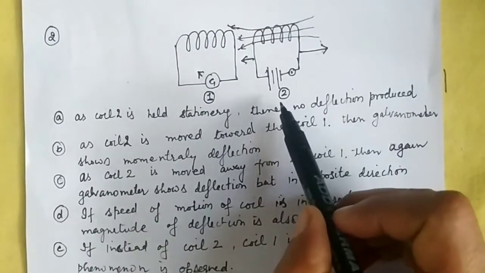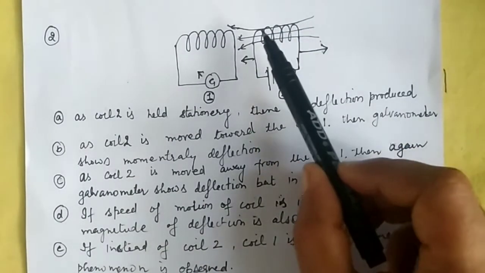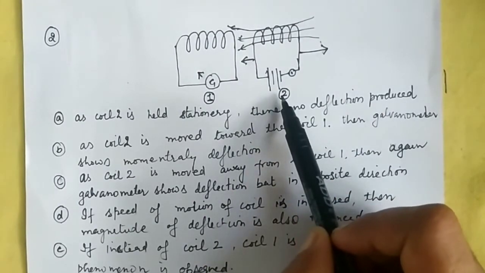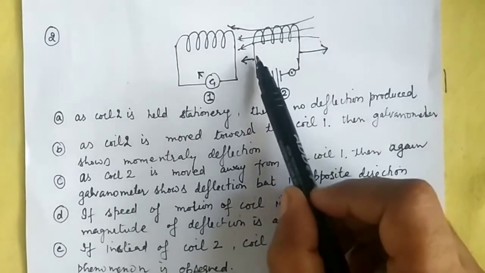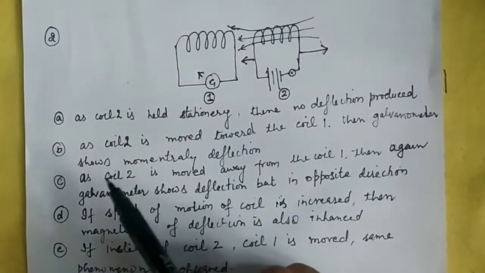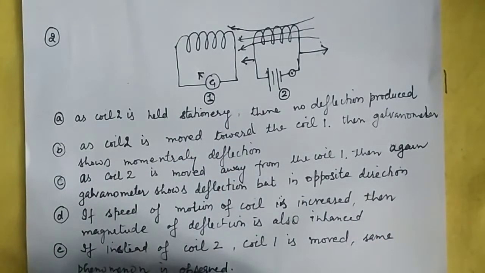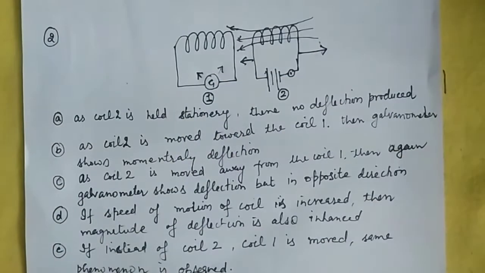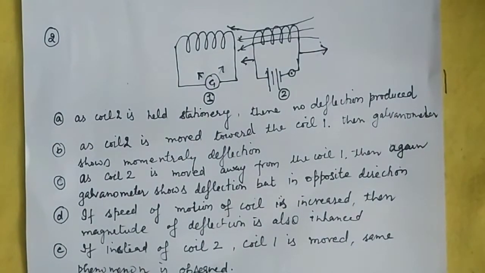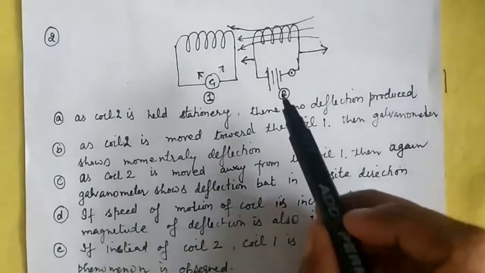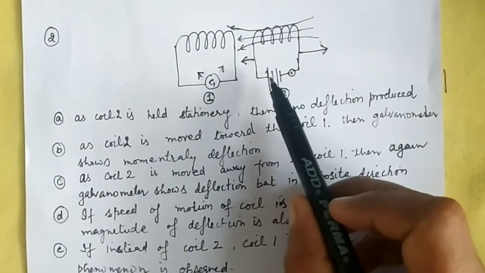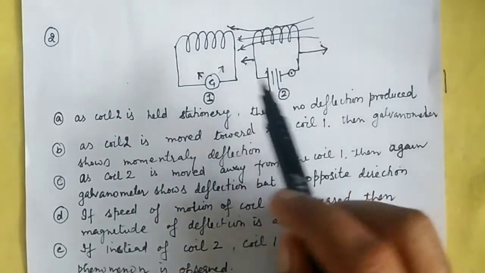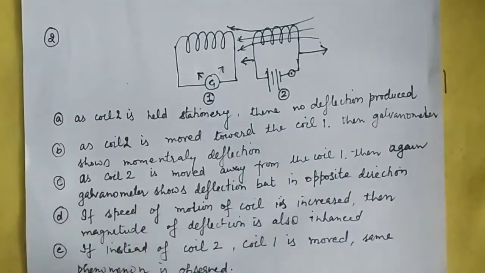Similarly, if you push coil 2 towards coil 1, the galvanometer again shows a deflection, but in the opposite direction. If you keep the coils stationary, the galvanometer does not show any deflection.